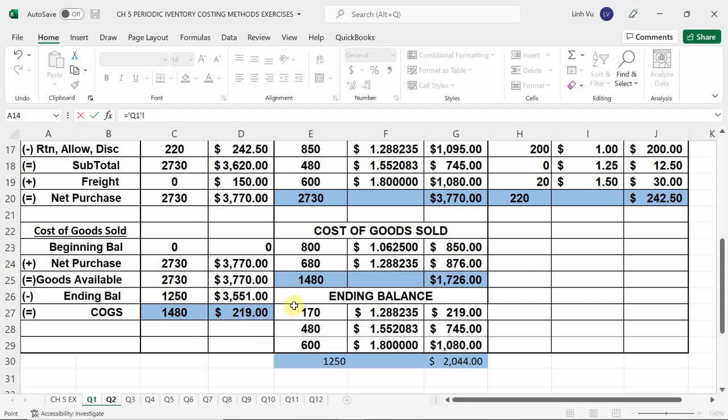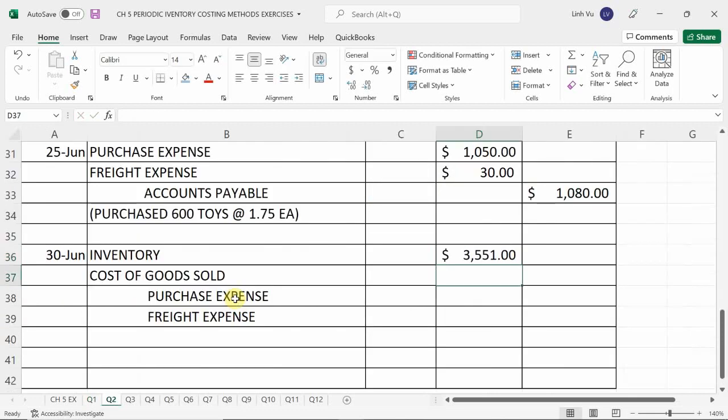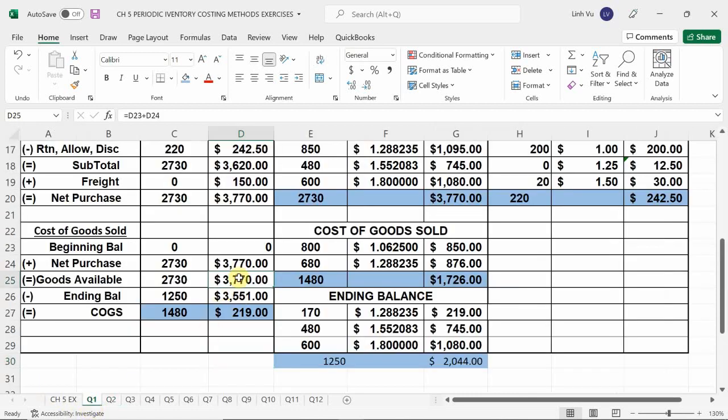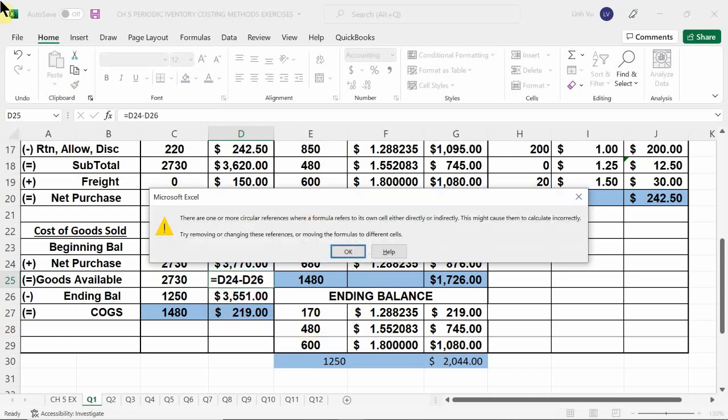Oh, my numbers changed. Okay, it should be ending balance. Okay, so let me fix that because I end up moving my formulas over. Ending balance is whatever this is minus this.